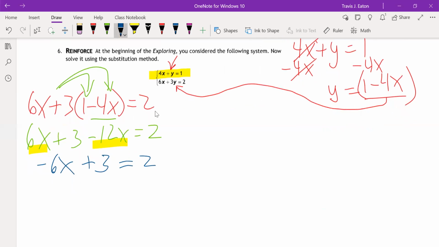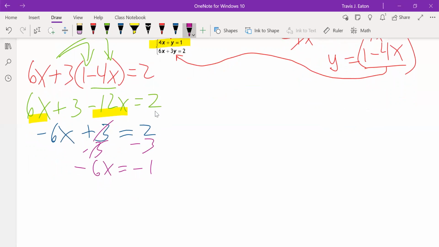Now I'm going to have to subtract 3 from both sides. Now I'm just continuing to simplify this thing. Those cancel each other out, and I get negative 6x equals 2 minus 3. Well, that's negative 1.